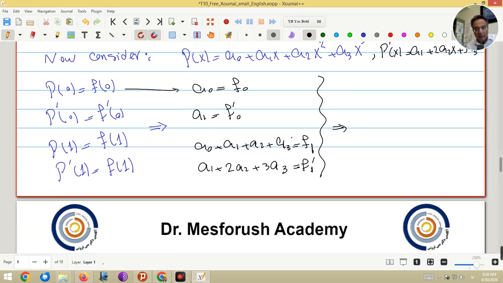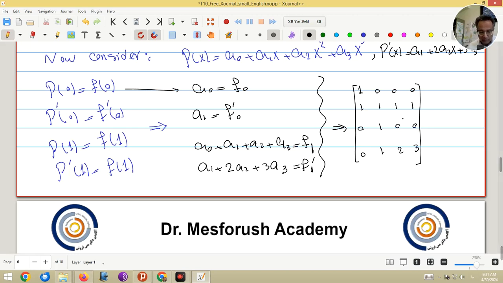Okay, these four equations give us a system of equations. We can write the system in this form. The matrix of coefficients has rows 1 0 0 0, then 1 1 1 1, then 0 1 0 0, and 0 1 2 3.